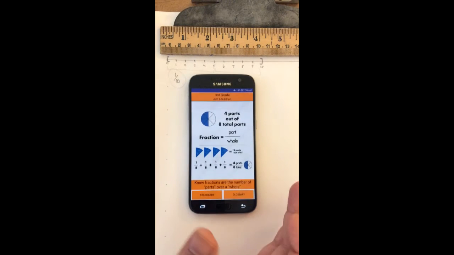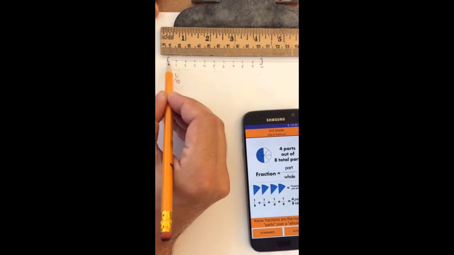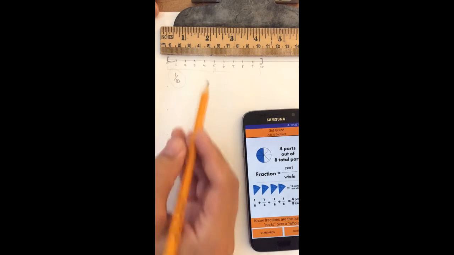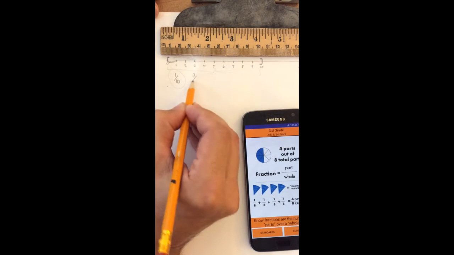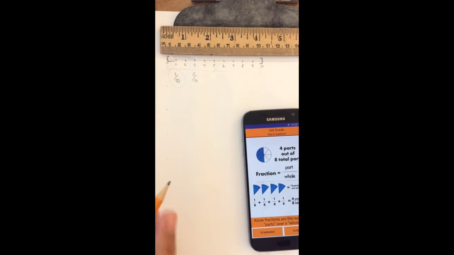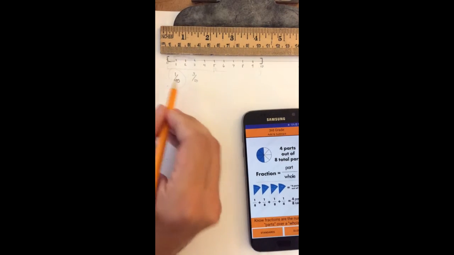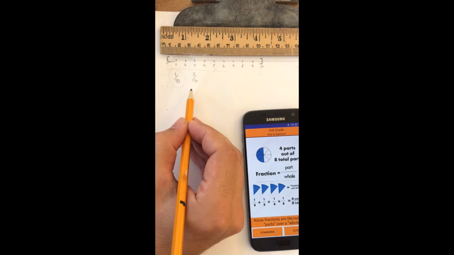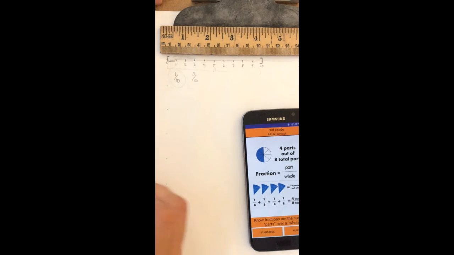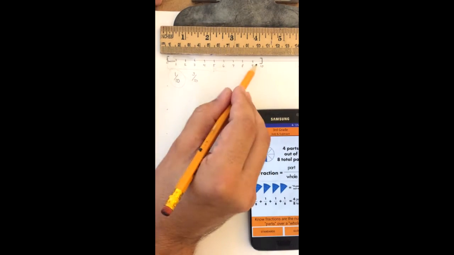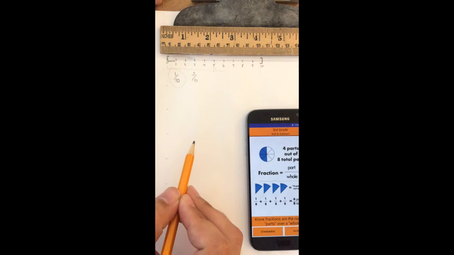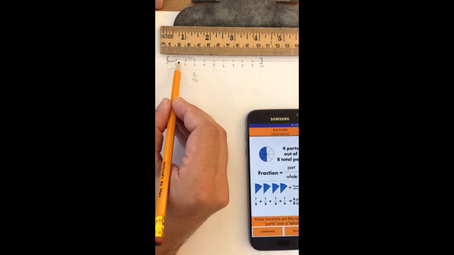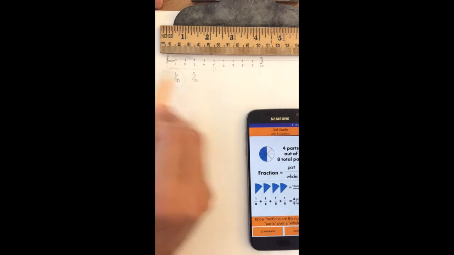So then when the students are introduced to adding these, if you have this length of a pencil, and then you have another pencil that is this length, then you have 1/10 and you have 3/10. And they say, okay, if you line them up, how long is it? Well, you're adding, aren't you? And so just knowing that this piece is one of the 10 pieces, and this length is 3 of the 10 pieces, then we're going to end up with something that is 4 of the 10 pieces long.